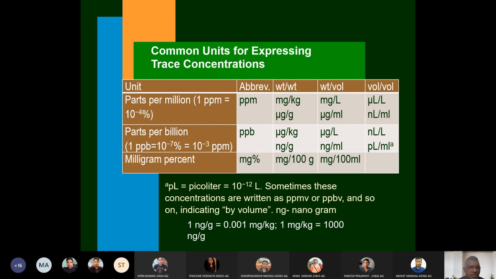Sometimes these concentrations are written as ppmv, ppbv, and so on, indicating by volume. Ng means nanogram, and 1 ng per gram is equal to 0.001 milligram per kg. So these are the relationships. If you like, you can remember them, it will be useful in future.